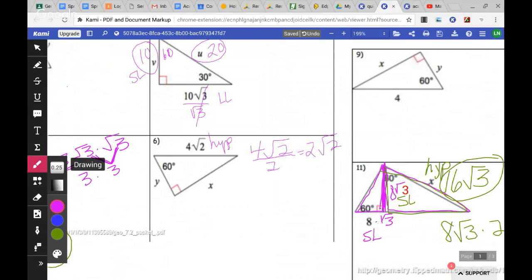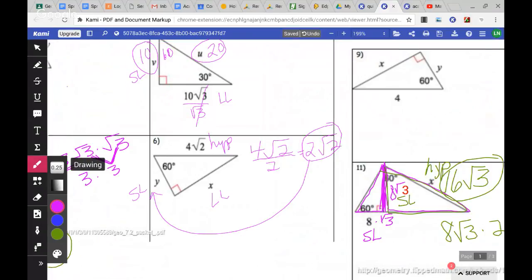Right? Is it? I think so. What part of the triangle is X? The long leg. So it should be Y actually. Why? Because that's the short leg, and the long leg is almost the same length as the short leg.